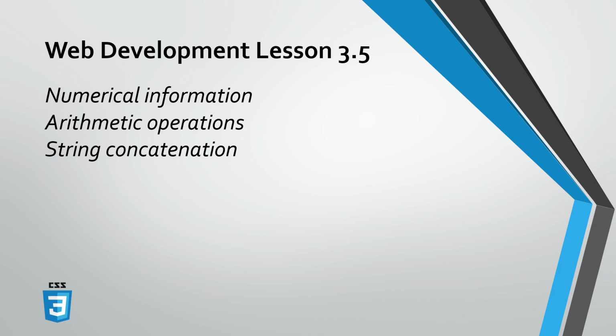Float meaning decimal point number. We reviewed the basic operations of addition, subtraction, multiplication, division, and exponents. Lastly, the plus symbol has dual meaning. When it's between two numbers, it will actually do the addition. When it's between two strings, it does something called string concatenation, which combines things.